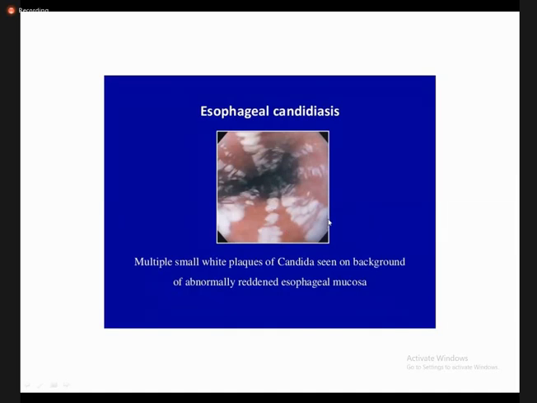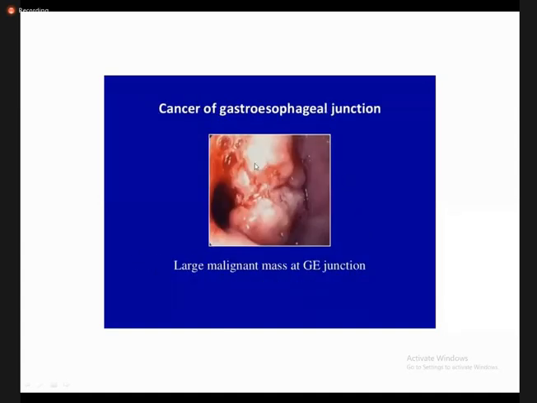It occurs in patients who are immunocompromised, like patients on chemotherapy, patients with tumors, tuberculosis, etc. These patients can present with dysphagia, and if the ulcers are large, they can also cause upper GI bleed. And the other cause is the tumor. Tumor can be present anywhere, like in the esophagus, in the gastroesophageal junction, in the fundus, in the stomach, anywhere.